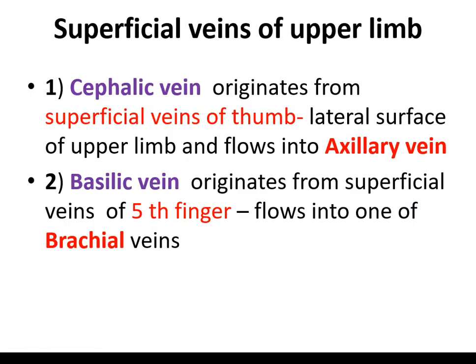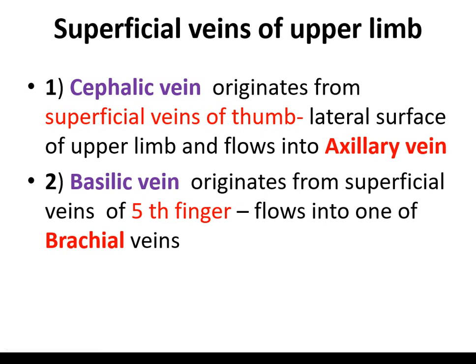There are two superficial veins on the upper limb. First, the cephalic vein. The cephalic vein originates from the superficial veins of the thumb, then directs along the lateral surface of the upper limb and flows into the axillary vein near the axillary fossa.